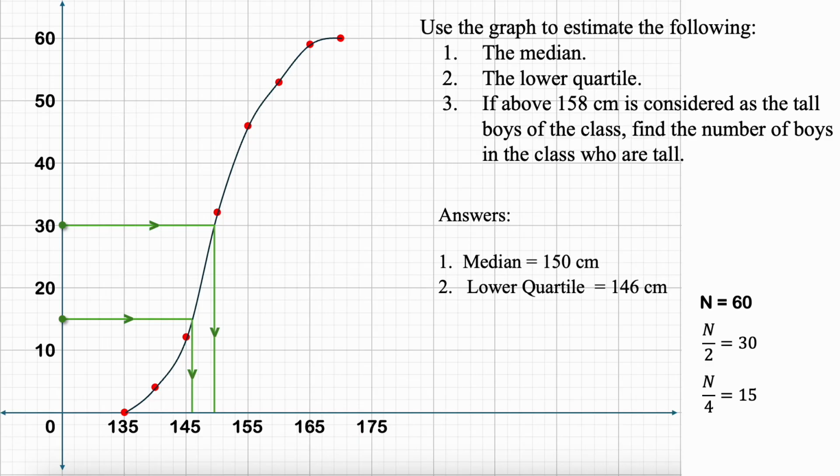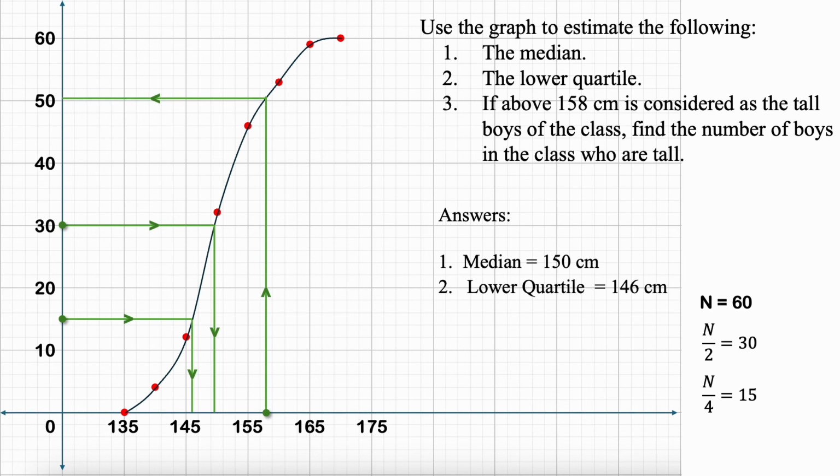The third question is, we need to find tall students if 158 centimeter is considered as the tall height. So 158 centimeter, as we have taken heights on x-axis, we have to take the point 158 centimeter on x-axis, go up to the curve and then to the y-axis.